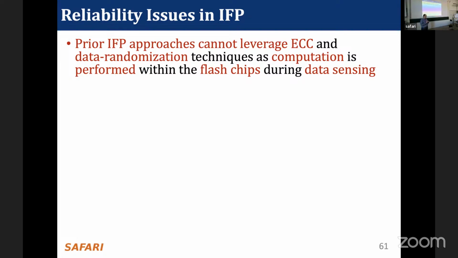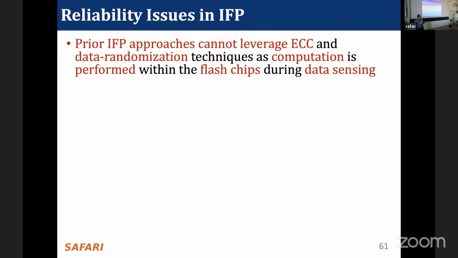Again, if your data is randomized and you do computation on randomized data, you cannot really de-randomize it and get back the data that you need. There are actually some coding techniques that let you do computation on encoded data, like homomorphic encryption, if you are aware of that, but they are also very costly. So again, in this work they consider that we don't do randomization.